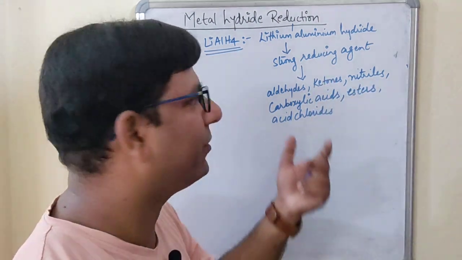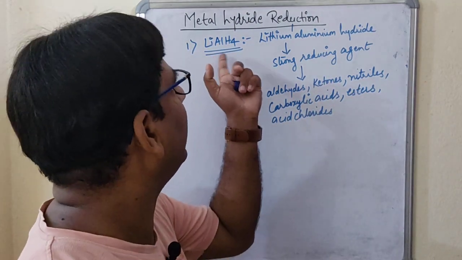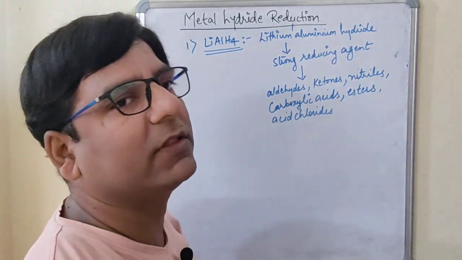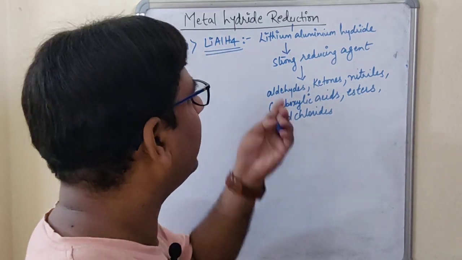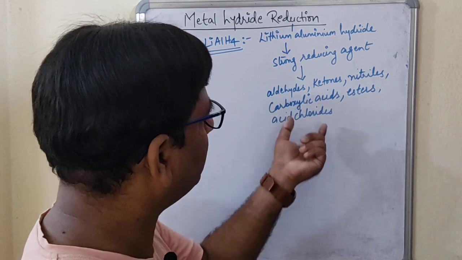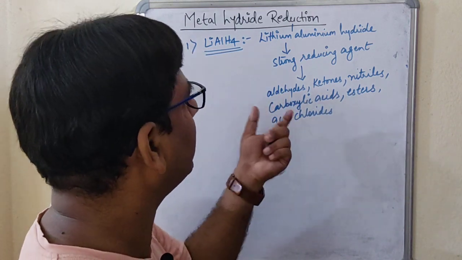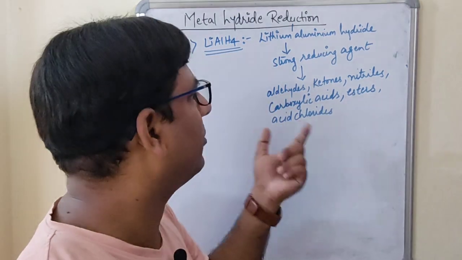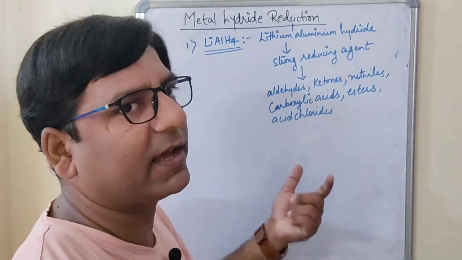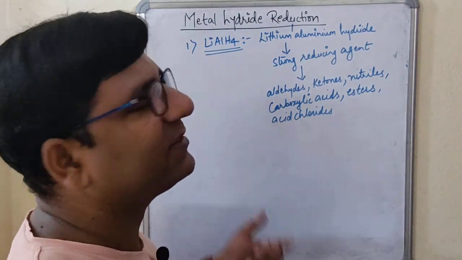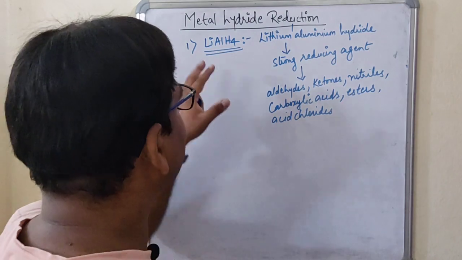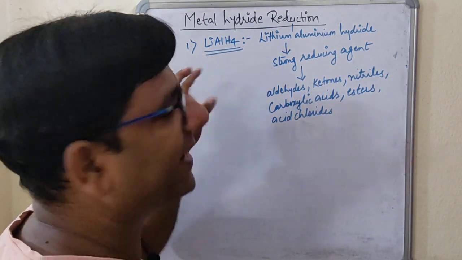Nitrile, when you reduce this by using this LiAlH4, it will get reduced into the amines. Okay, so here we will see these substrates, how this LiAlH4 is going to reduce them into the corresponding alcohols or the amines. Okay, and we will see the mechanism of it. Now I am giving you this general overview of this LiAlH4.